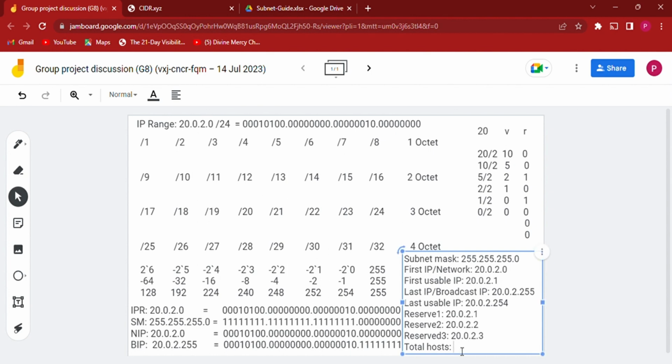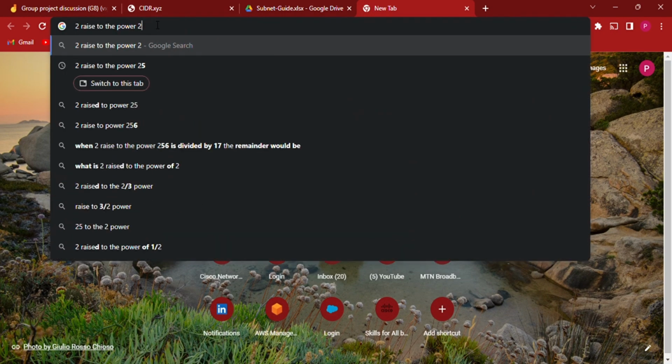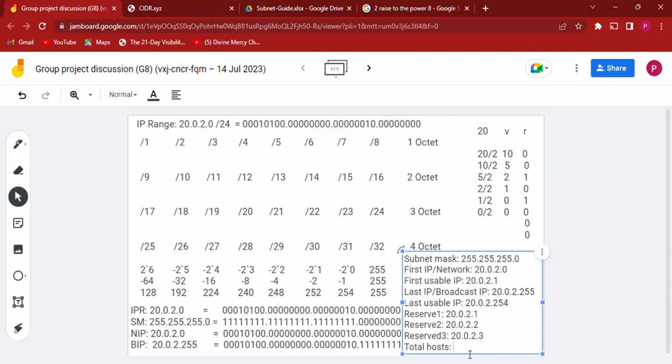2 raised to the power 8 is, I think we have it here somewhere. We don't have it. 2 raised to the power 6 is 64. So 2 raised to the power 7 will be 128. 2 raised to the power 8 will be... I have a calculator. 256.